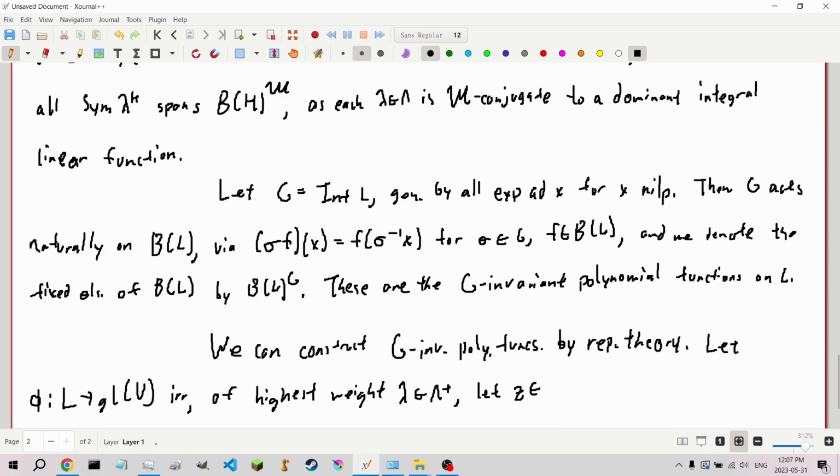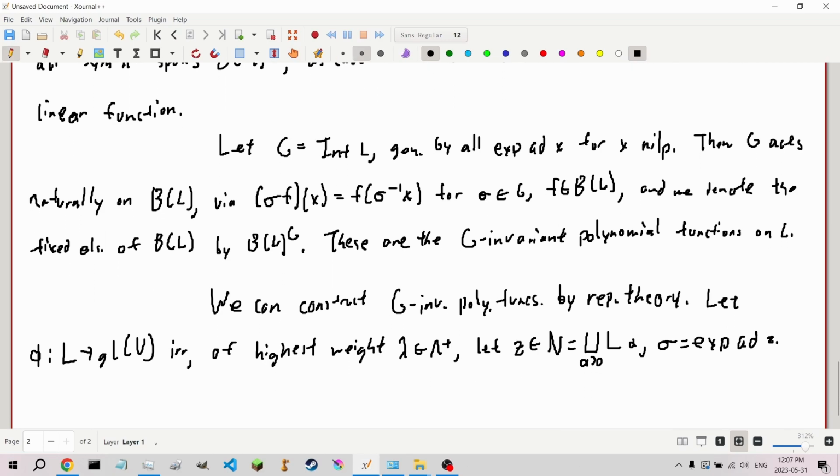Let Z be in N as the union for positive roots, L of L alpha, and sigma be the exponential of the adjoint of this Z. Define a new representation, phi sigma of L to the general linear of V, by phi sigma of x be phi of sigma of x, for of course x in L.